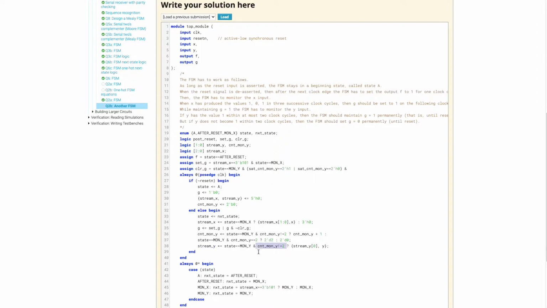And count is 1. And then stream Y gets propagated to 0, 1 when count is 1 and Y is 2 on the third cycle. So we can do the calculation on this cycle.